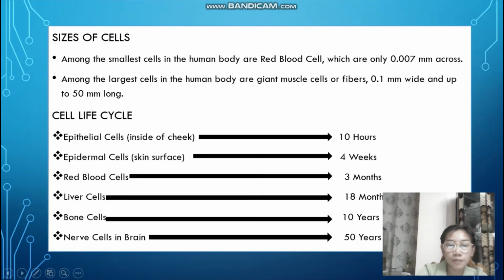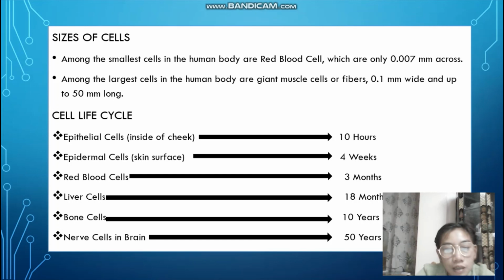For the red blood cells, we have a 3-month cycle. Liver cells have an 18-month lifespan.